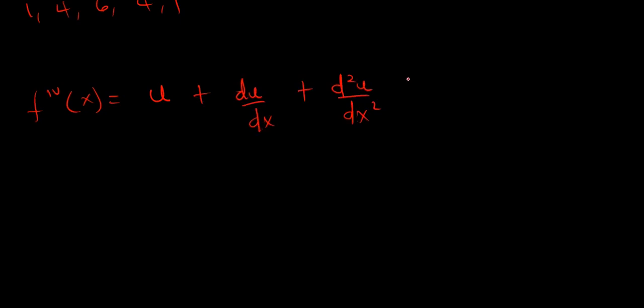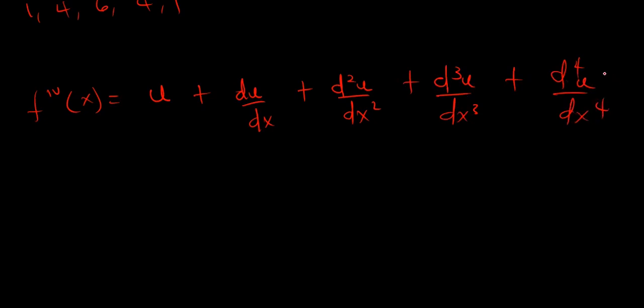All right. Now our fourth derivative of f(x) is going to be, we have our u here. So we will write the u up to the fourth derivative. So u will be here. We have u, du/dx, d squared u over dx squared, d cubed u over dx cubed, plus d to the power 4 u over dx to the power 4.